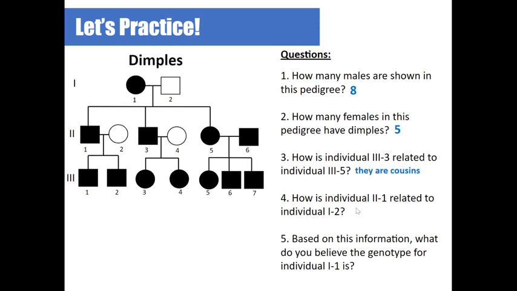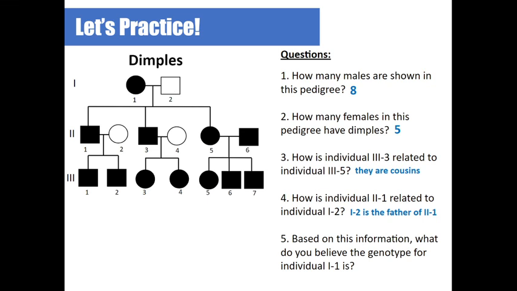How is individual 1 in generation 2 related to individual 2 in generation 1? All right, so we're comparing this person to this person. How are they related? Well, you follow the line. They're on a different line, so it's not their sibling. But it looks like that is their father.